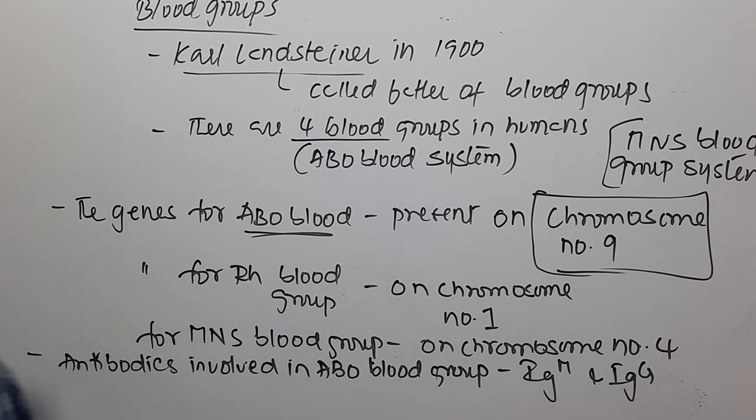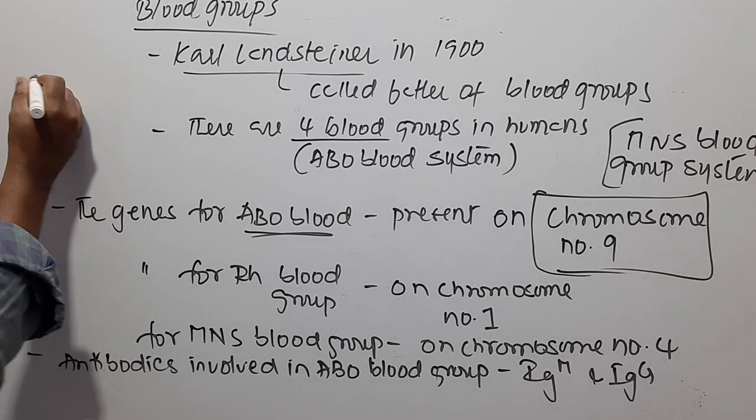Later I'll discuss erythroblastosis fetalis, and at that time one point will be helpful. Out of these two immunoglobulins, IgM cannot pass through the placenta and enter the fetal circulation, whereas IgG can pass through the placenta and enter the fetal circulation.